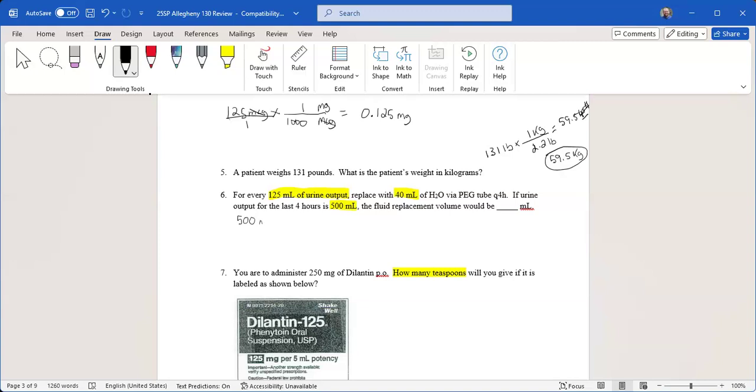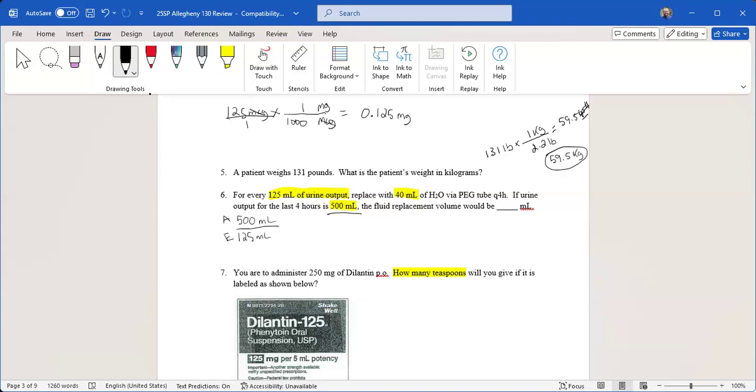That's my actual volume that the patient has voided out. And I'm going to put that over top of what I call the expected or theoretical output. So I'm going to put what the patient actually voided, the actual, which I usually abbreviate as A for actual.